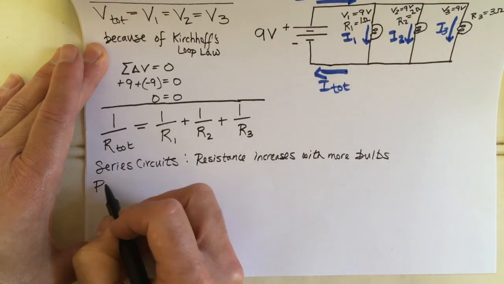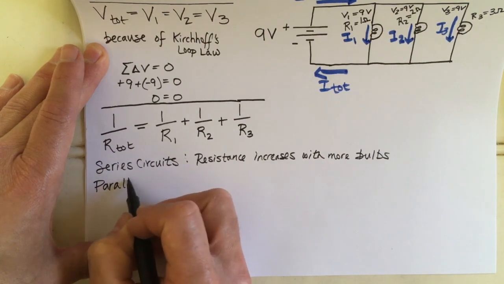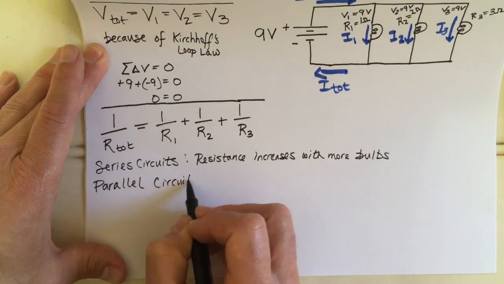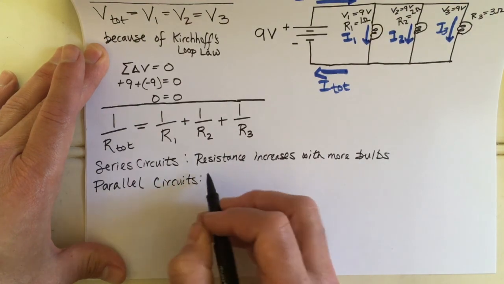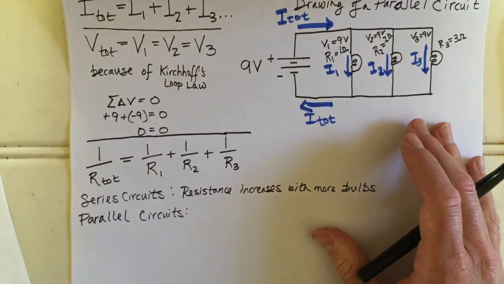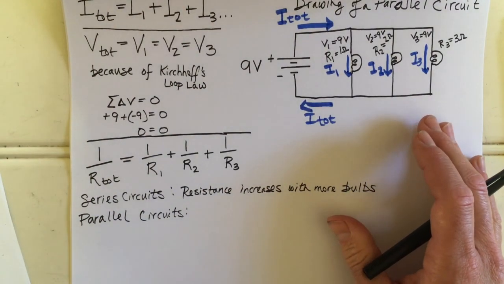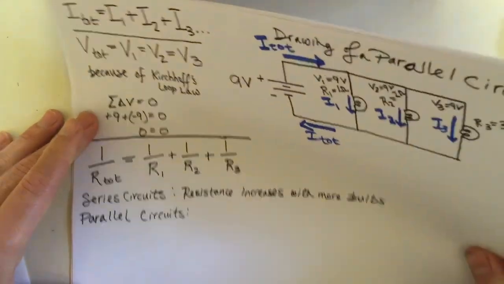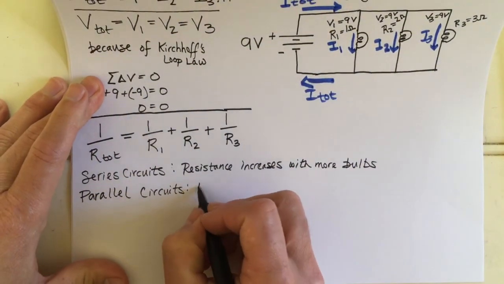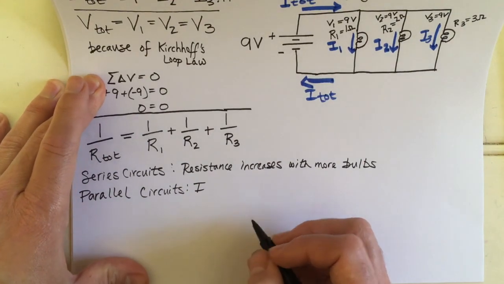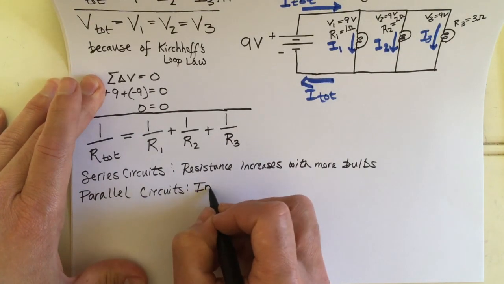But in parallel circuits, an increase in resistors lowers the total resistance. I want to say resistors, or I want to say paths. I'll say both.